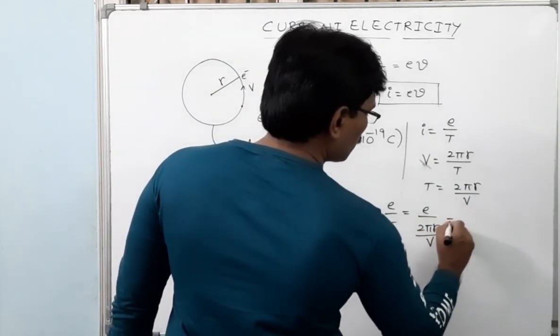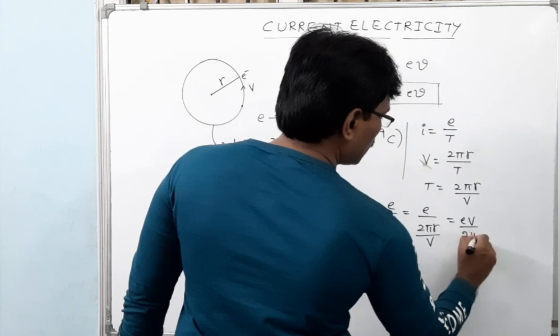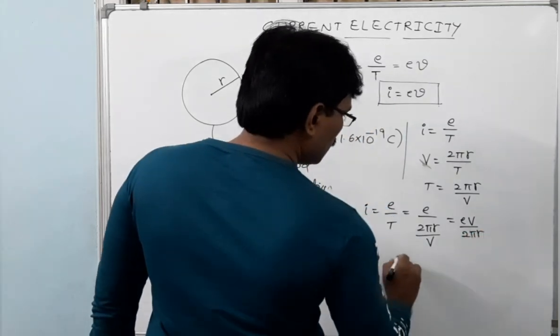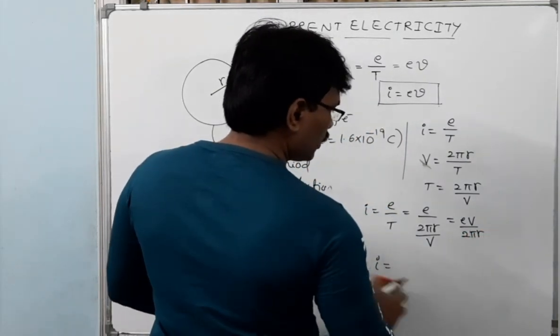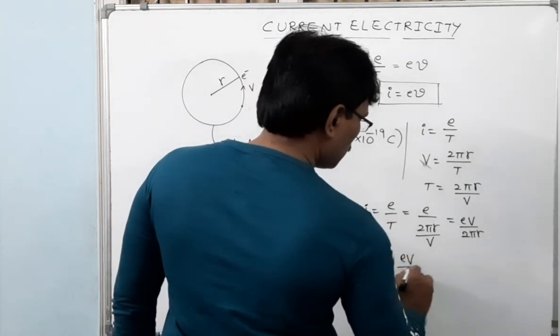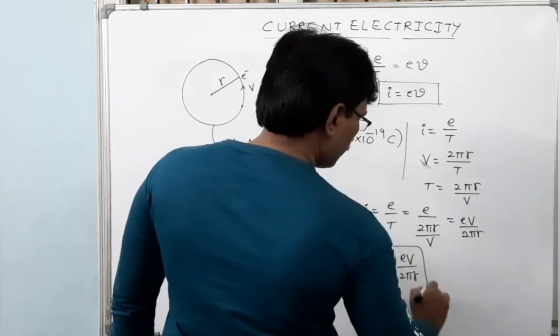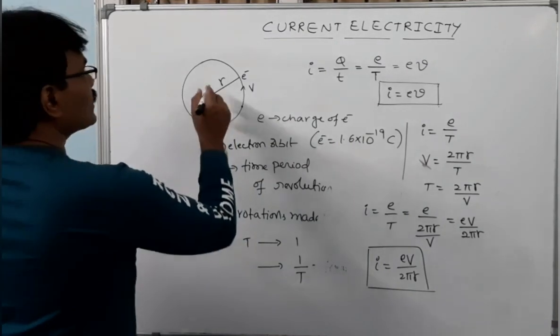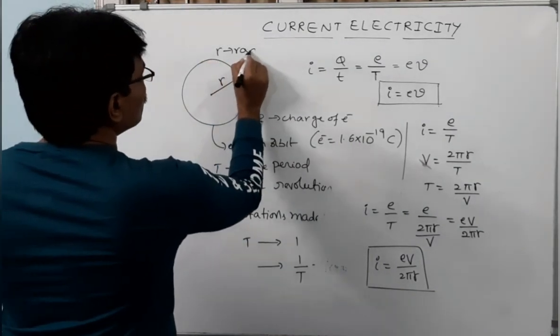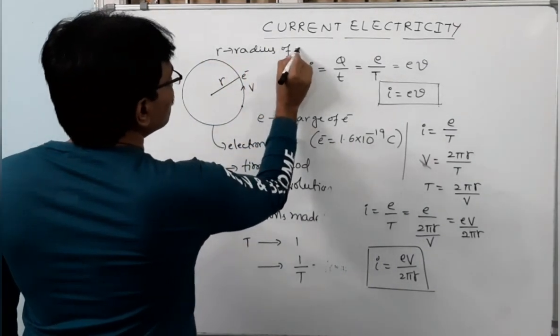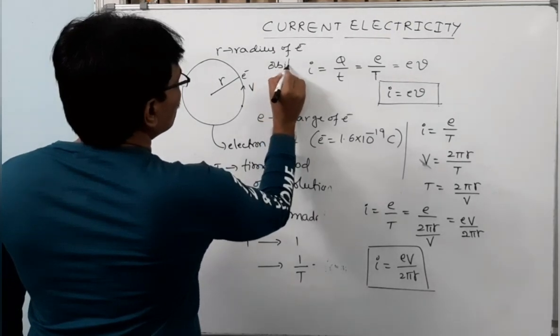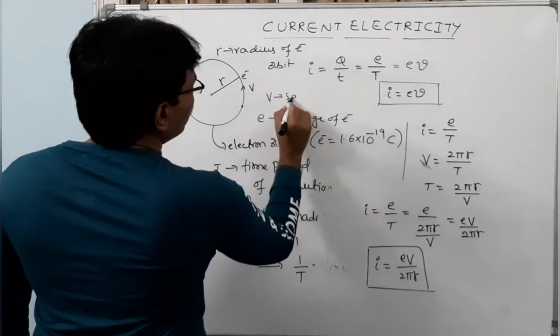This is the electrical current in terms of speed of electron and radius of the orbit. Okay, so here what is r? r is equal to the radius of the electron orbit, and v is the speed of the electron.